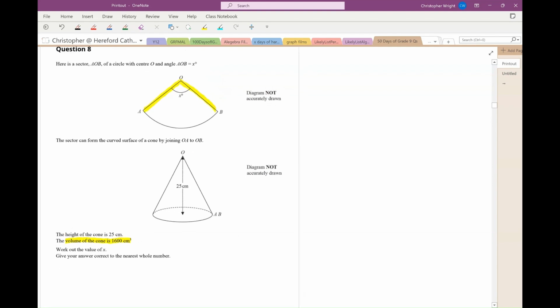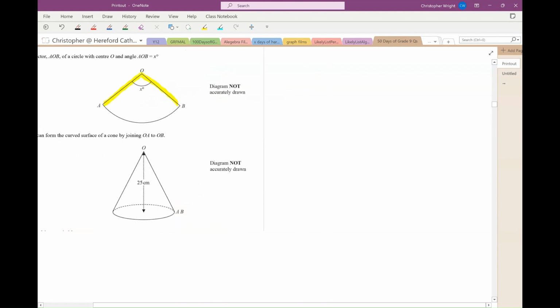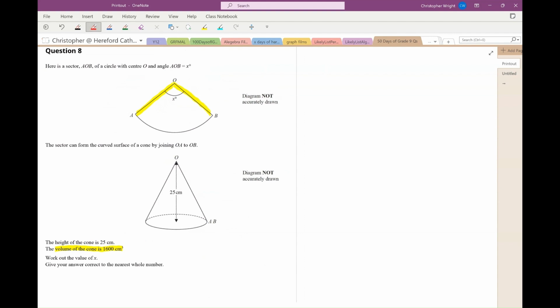Let's start by using the fact we've been given about the volume of the cone. The volume of the cone is 1600 cubic centimetres, and the formula for the volume of a cone is 1/3 pi r squared h, and I know that h is 25. So I have this equation to solve for r.